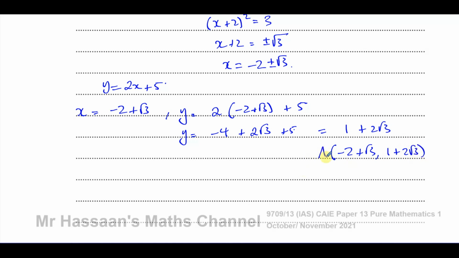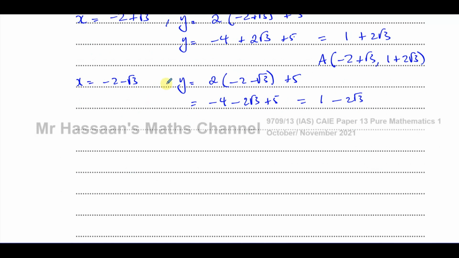Let's call that A. It doesn't matter which is which. And then you have x equals minus 2 minus root 3. That's the other value of x, in which case y is 2 times minus 2 minus root 3, plus 5. Y equals 2x plus 5, which equals minus 4 minus 2 root 3 plus 5, which gives us 1 minus 2 root 3.